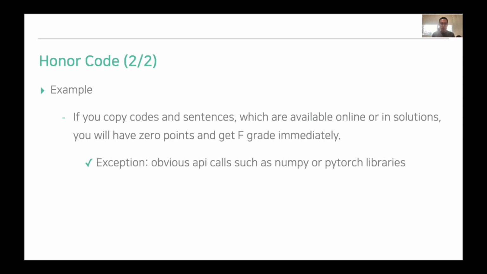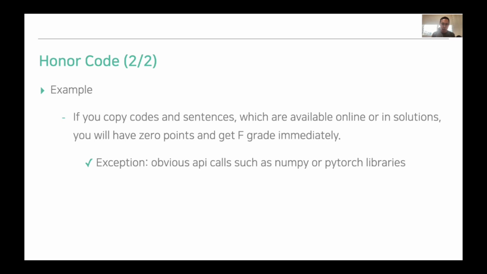There are some exceptions, right? Some very obvious API calls, such as the NumPy and PyTorch libraries, like a reshape or defining a new fully connected layer in PyTorch. So this is typical, right? You see that, this is obvious.